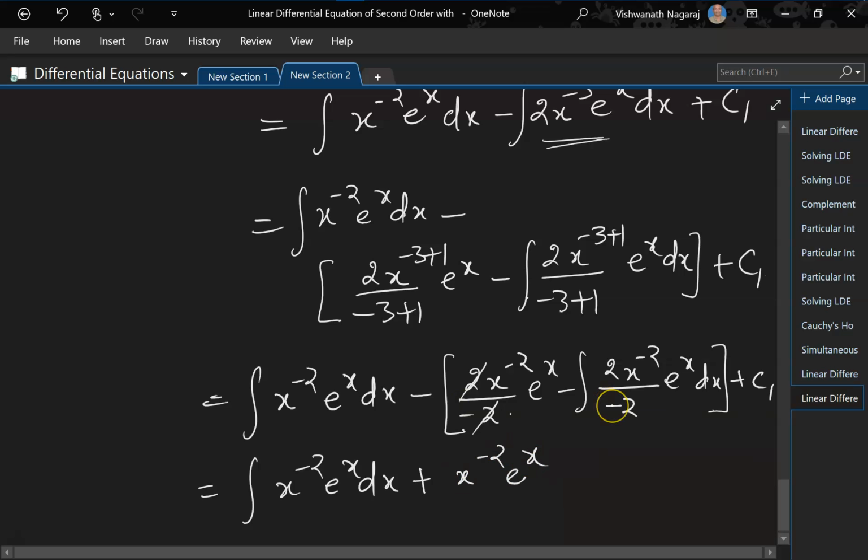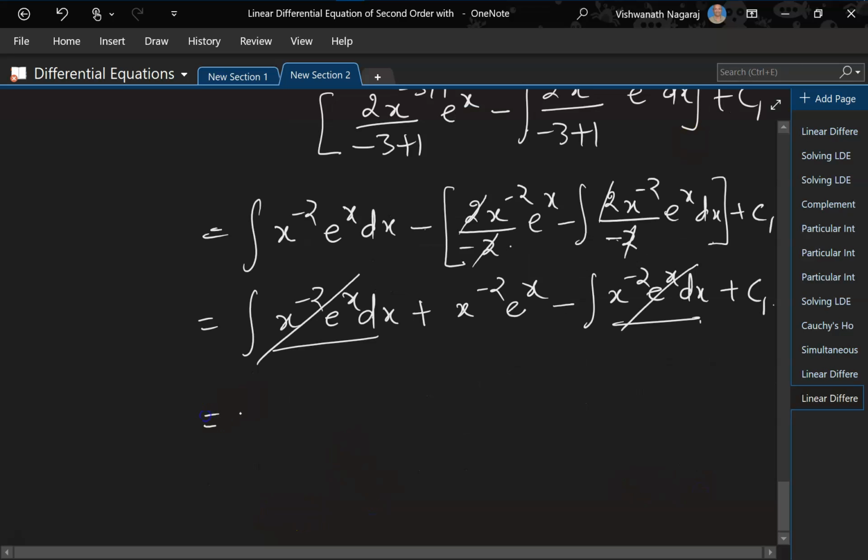And again here we have minus minus plus, times minus minus, so minus the integral of 2x^(-2) by 2, and the 2 and 2 will cancel out. So x to the power of minus 2 e to the power of x dx plus c1. If you notice, this and this are the same, so they both cancel out, and we are left with x to the power of minus 2 e to the power of x plus c1.